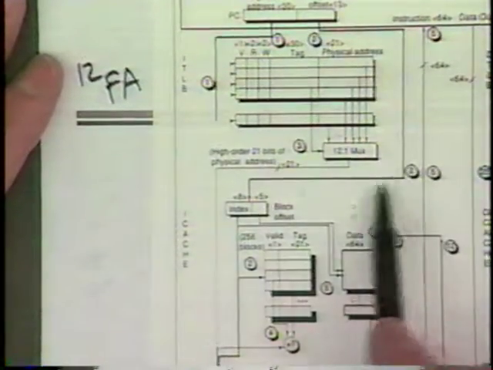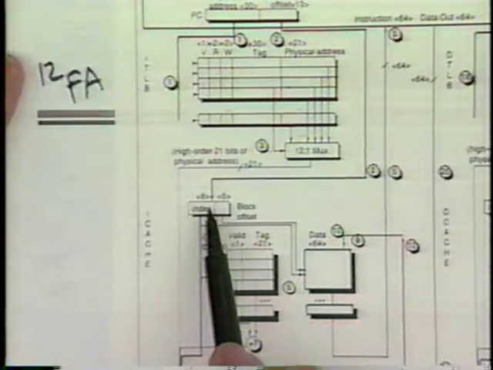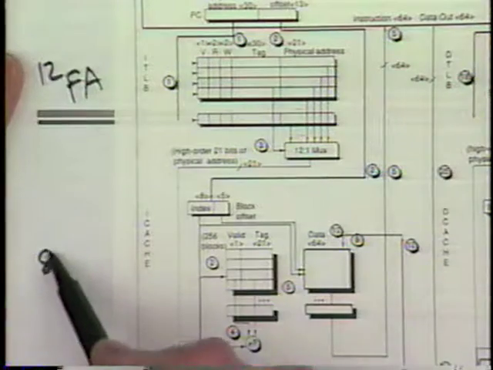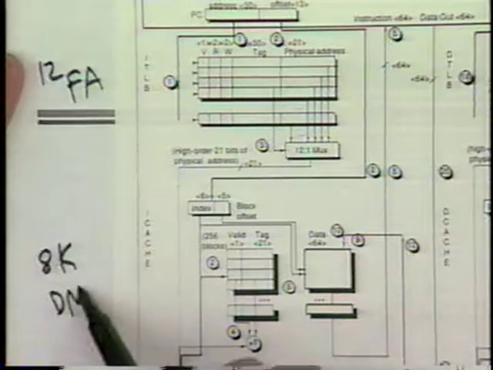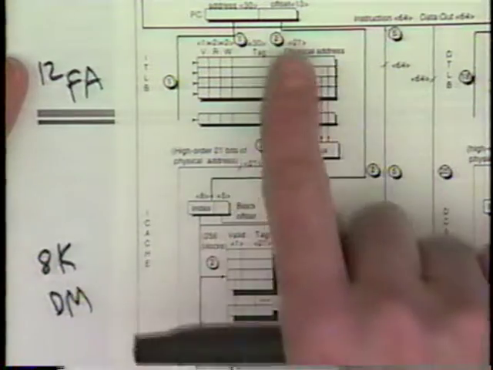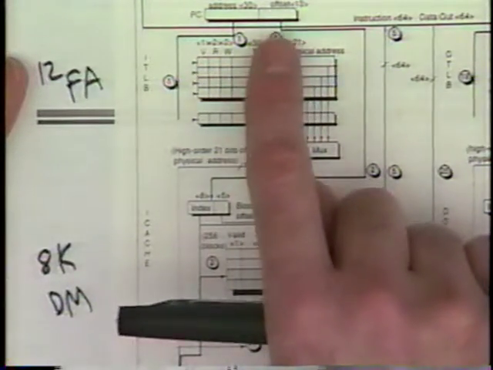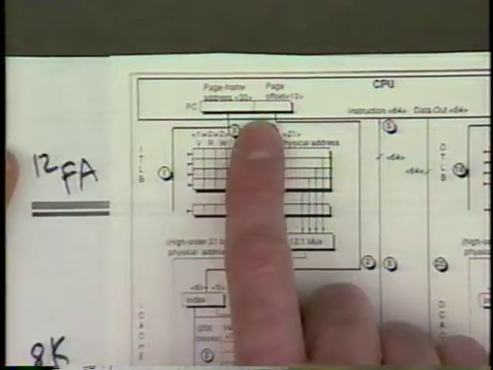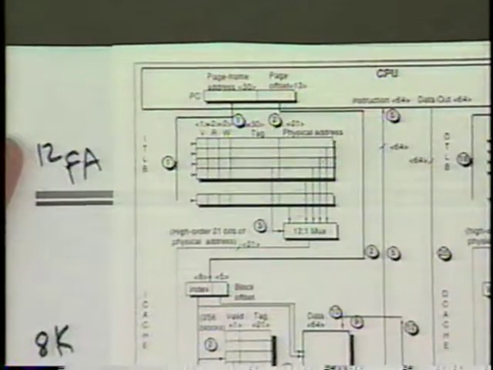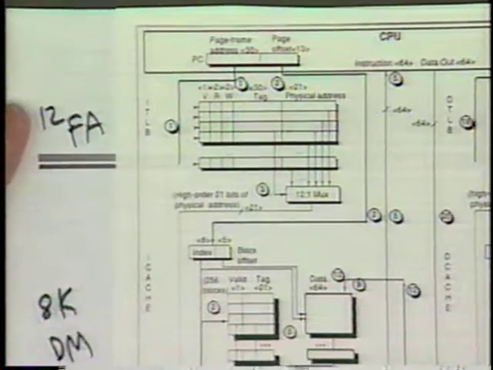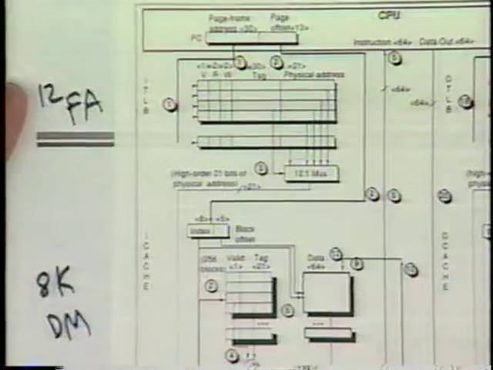Notice the low order 13 bits of the address, which are the offset into an 8K page, going down into the instruction cache. And this is an 8K byte direct map cache. And remember that because it's direct mapped, and because they don't want to mix the virtual page number bits and the page offset bits, it can't be any bigger than 8K. So an 8K byte direct map instruction cache.